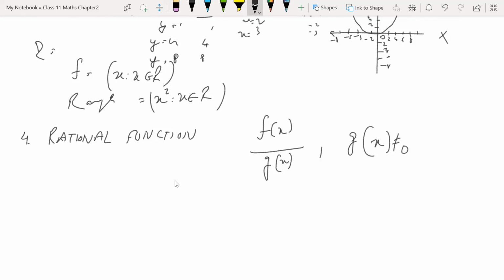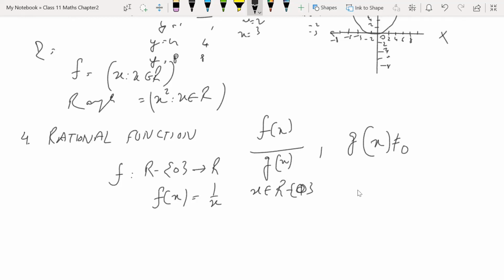What would be the real values for a real valued function? Let's take an example, f such that R minus 0 belongs to R, and it is defined by f(x) is equal to 1 by x, where x belongs to R minus 0.